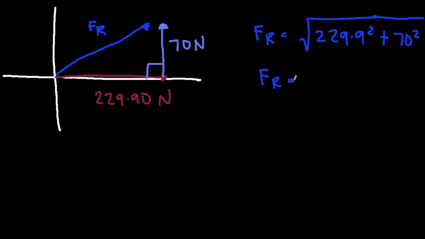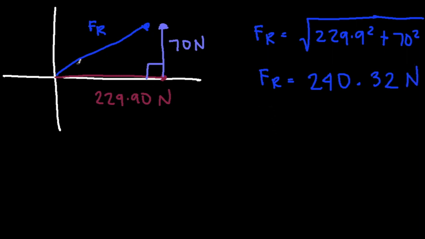Square root of 229.9 squared plus 70 squared. We have 240.32 newtons. That's the resultant force.